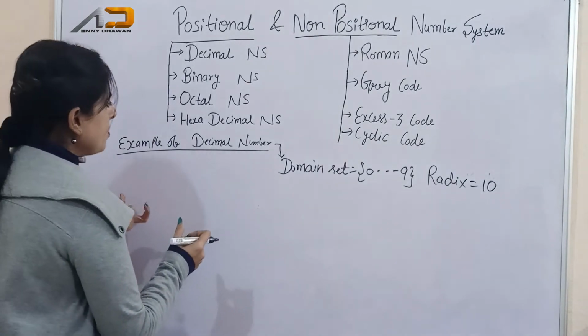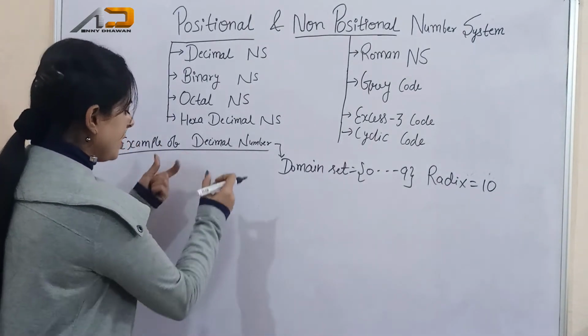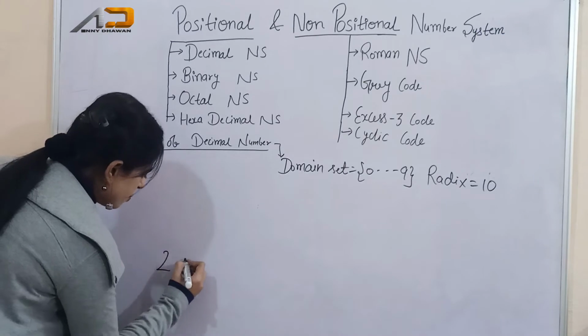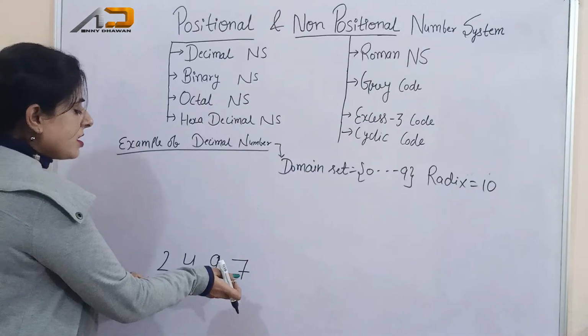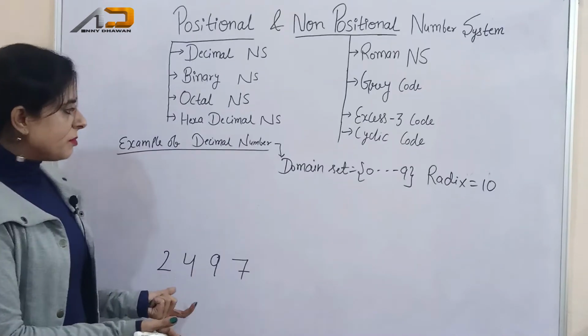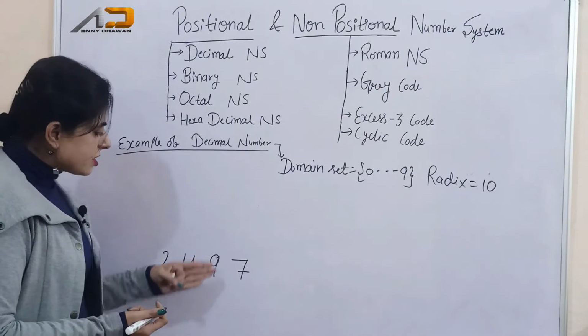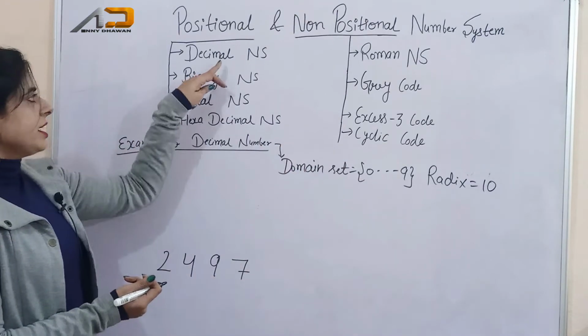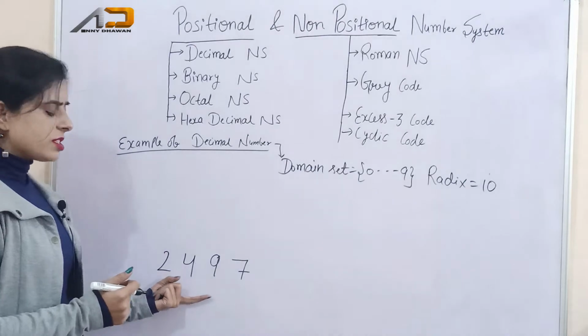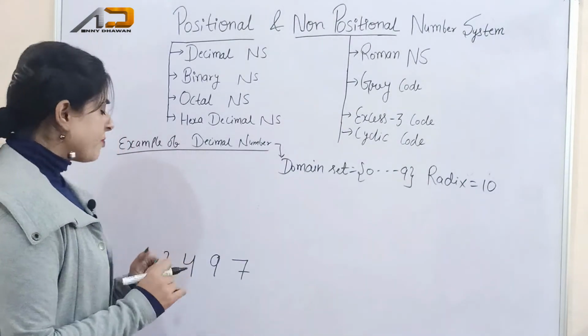Now I am going to take an example of a decimal number, that is 2497. Why is this number a valid decimal number? Because all the digits of this number belong to the domain set of decimal number system. So this is a valid decimal number.